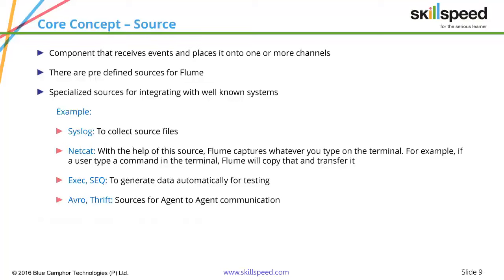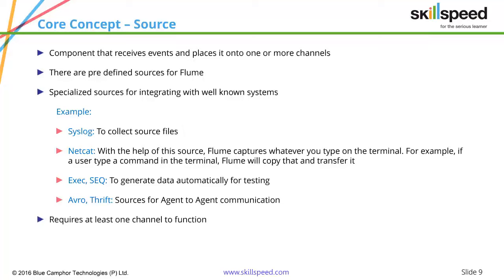The key point here is that the source is an entity which can collect the data depending on what type of data you want to collect. For example, if I'm interested in collecting Twitter data, then my source will be Twitter. If I want logs, it can be syslog. If I want terminal capture, it can be netcat. And then it can place that into one or more channels.